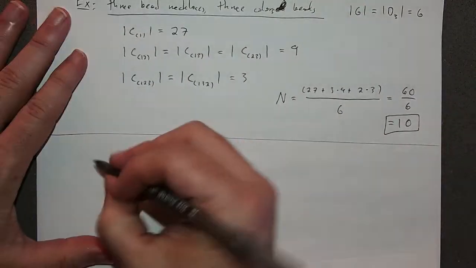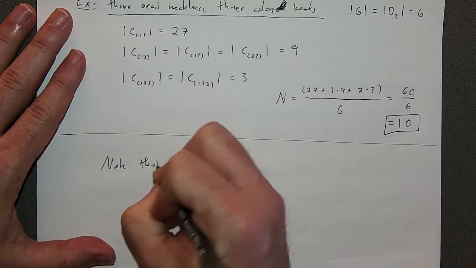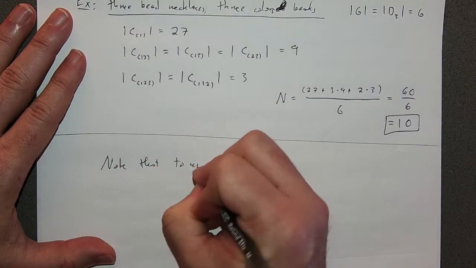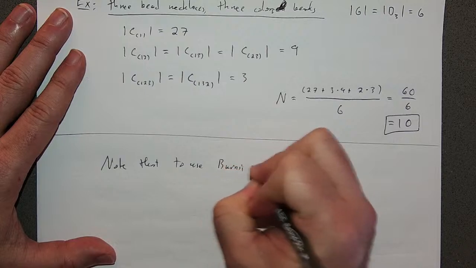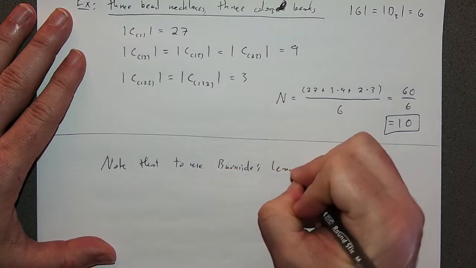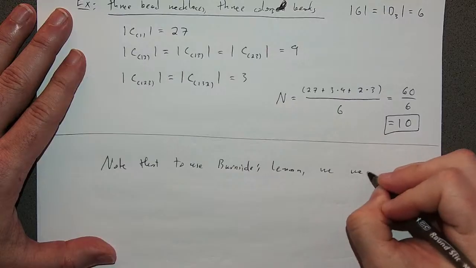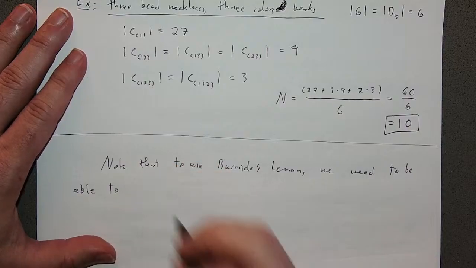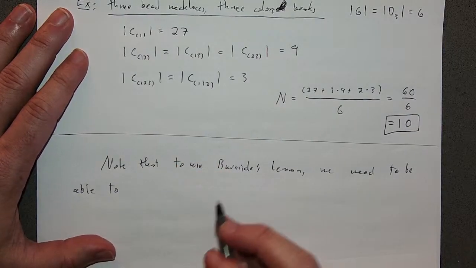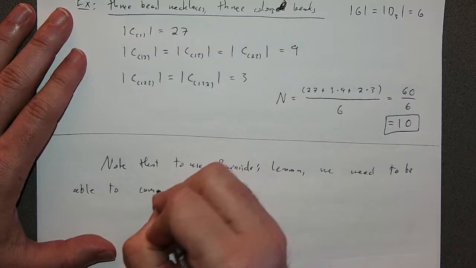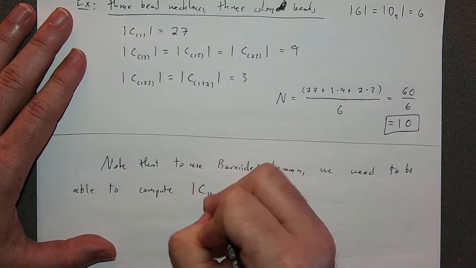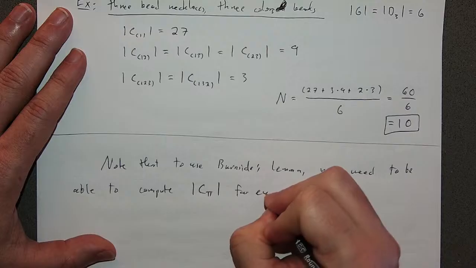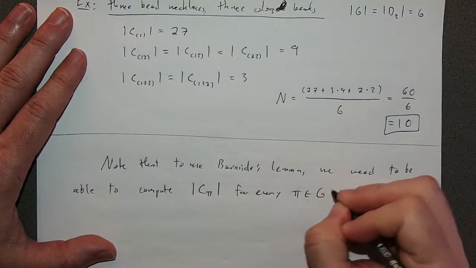Note that, maybe I should write it on this previous page since I still had some calculations, in each case, to use Burnside's lemma, we need to be able to compute the size of these invariant sets for every permutation in the permutation group.